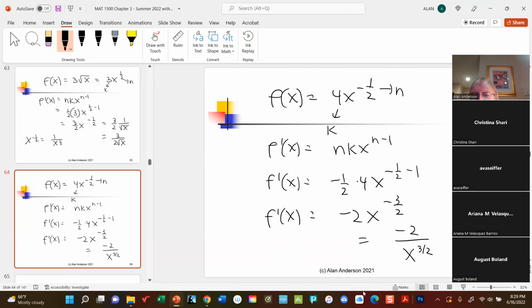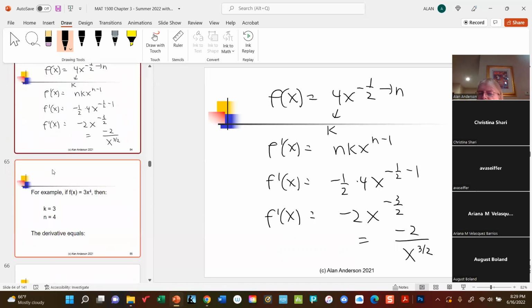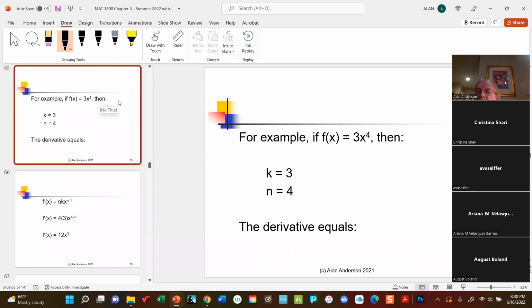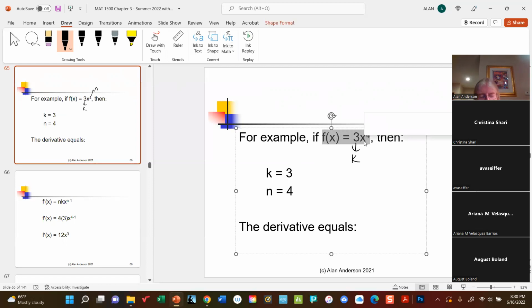So that's our power rule. And it's really, like I said, even though sometimes you might have messy results, it's really not that difficult. And we'll see that probably more than any other rule. All right, I see that there's still a few more examples left in the slides, like this one. Here's our K. Here's our N. And so what do we do with this one?